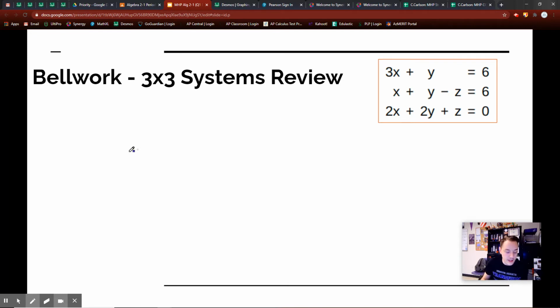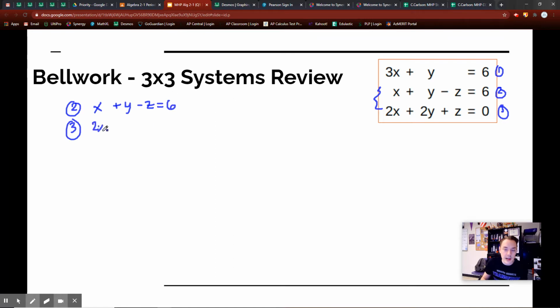First steps first, we're going to choose two equations and try to eliminate one variable. If this is equation 1, this is 2, and this is 3, I can eliminate z. That seems easy enough, so let's do 2 and 3. My second one is x plus y minus z equals 6.